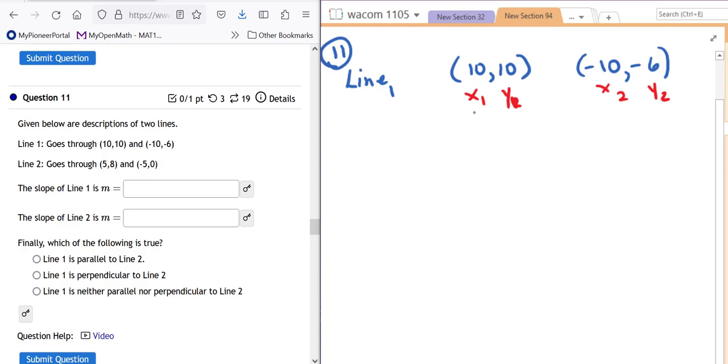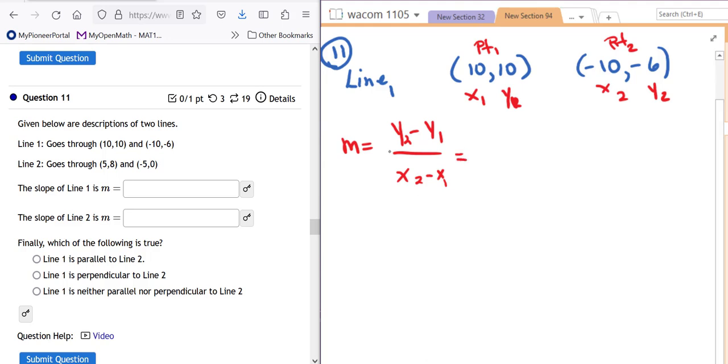Every point gets an X and a Y. So this is point 1, so this is X1, Y1. This is point 2, so it gets X2, Y2. So M equals change in Y's over change in X's.